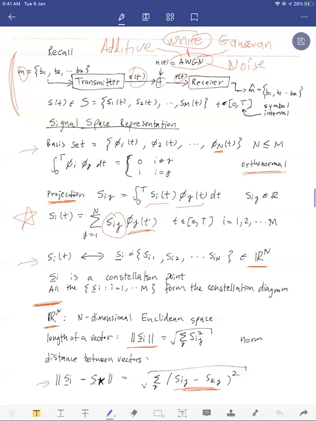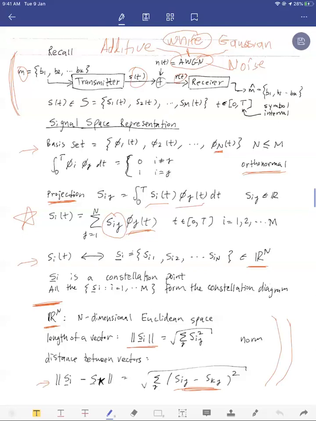This notation is useful because, as I mentioned, the benefit of signal space analysis is this geometric view. We're going to view the transmit signals as points in n-dimensional space, and manipulate things purely in n-dimensional space.